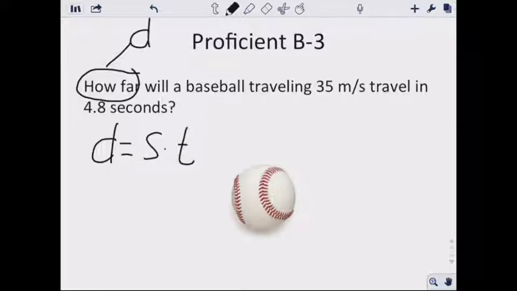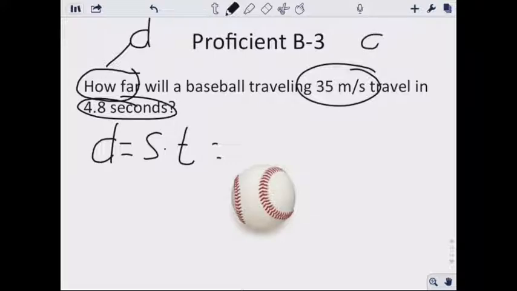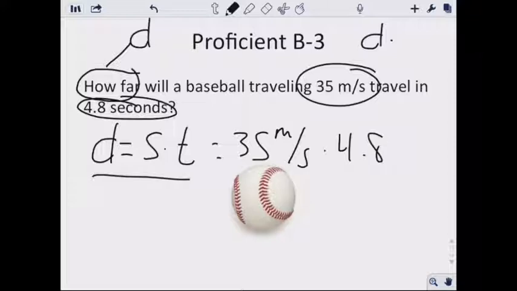And so what we can do is we take our speed, which is our given. We're solving for our unknown, which is distance. Here's our equation. Substitute everything in. 35 meters per second, a time of 4.8 seconds. And when we do this, and solve it all out, we'll get a distance of 168 meters.